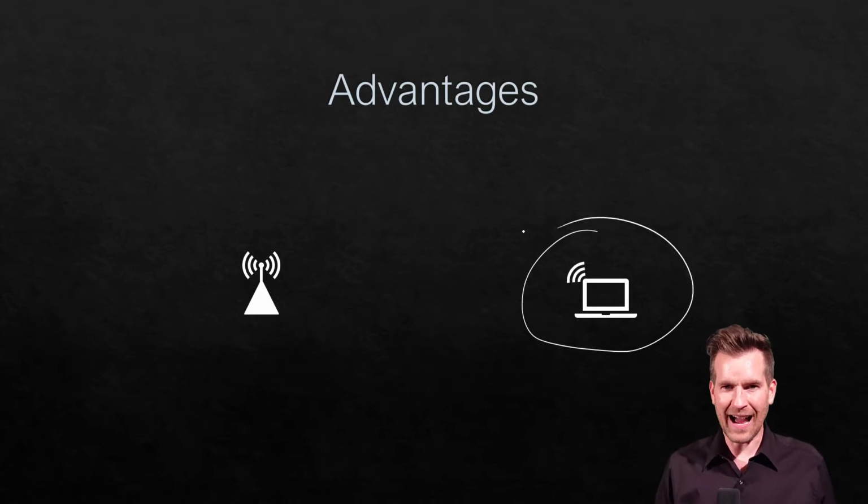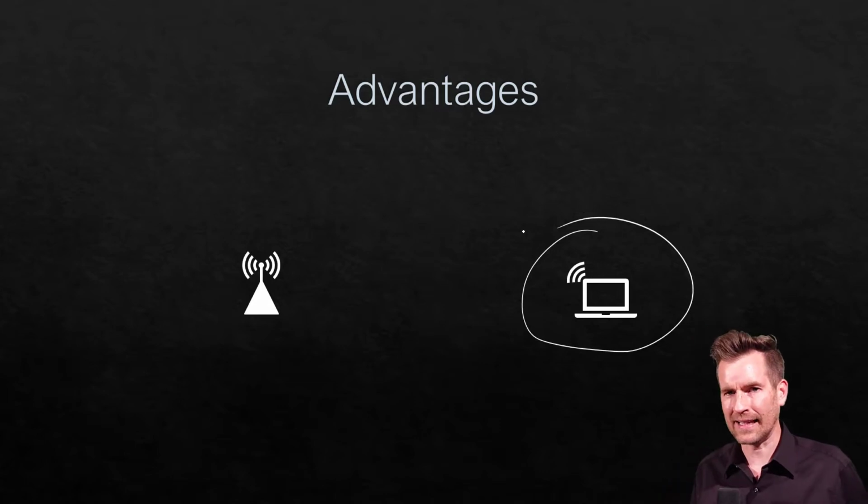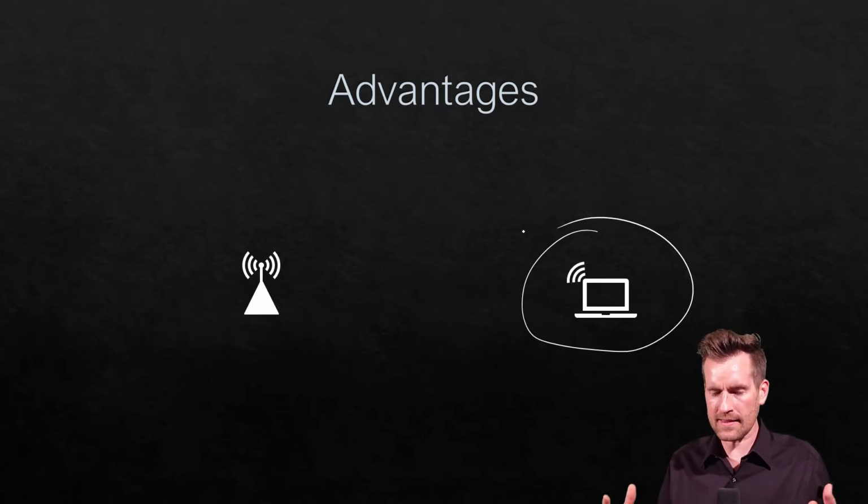Then another thing, I'm going to add this, and probably a lot of people will disagree because I'm also going to add it into the disadvantages, but that is security. With wireless access, it is insecure in nature. So because of that, we put in a lot of security to secure our wireless networks.